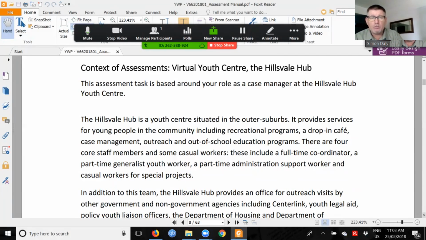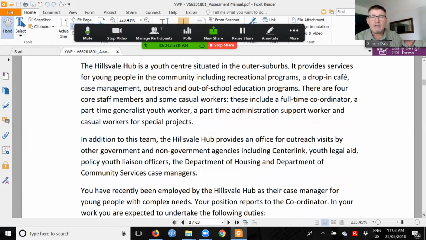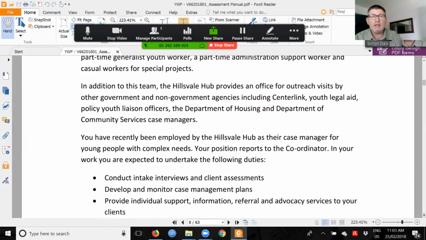These include a full-time coordinator, a part-time generalist youth worker, and a part-time administration support worker and casual workers for special projects. In addition to this team, the Hillsvale Hub provides an office to outreach visits by other government and non-government agencies, including Centrelink and Legal Aid, police youth liaison officers, DHS, Department of Housing, and Department of Community Services, case managers.